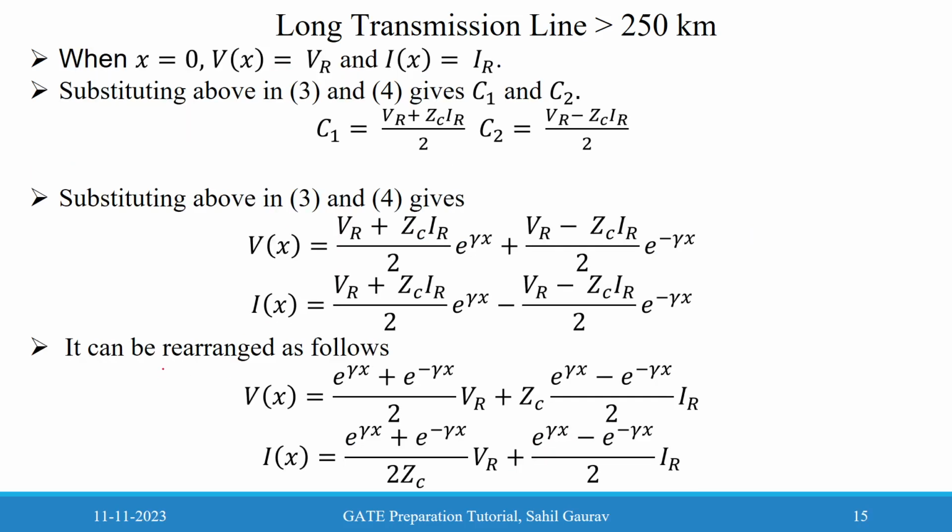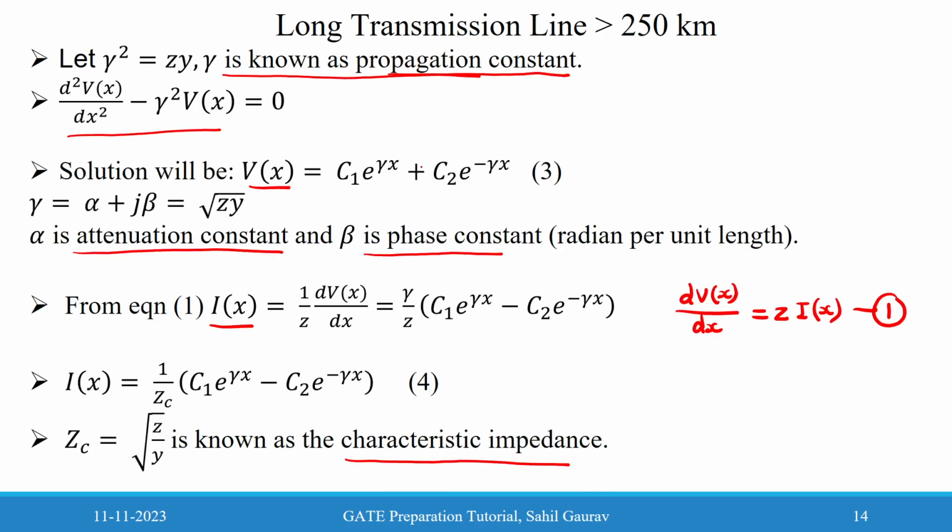Now we use the boundary conditions that when this distance is 0, then Vx is Vr. So we are considering from the receiving end side. So Vx is equal to Vr and Ix is equal to Ir, so that we can get C1 and C2. When you consider x equal to 0, substitute this value here, this Vr.